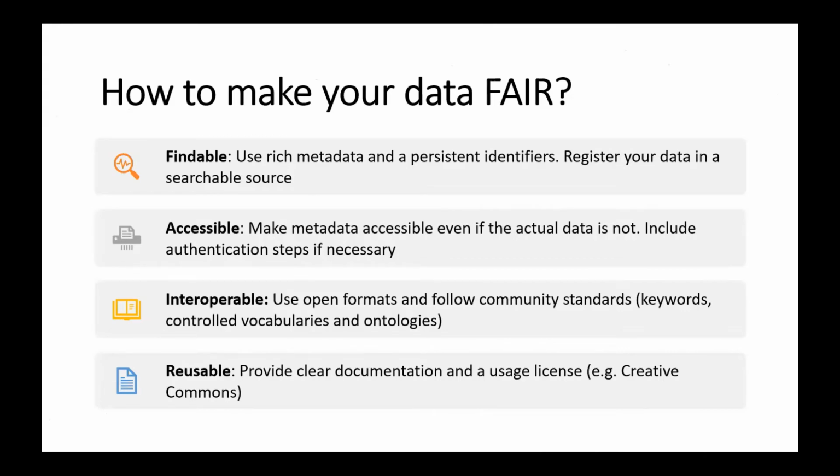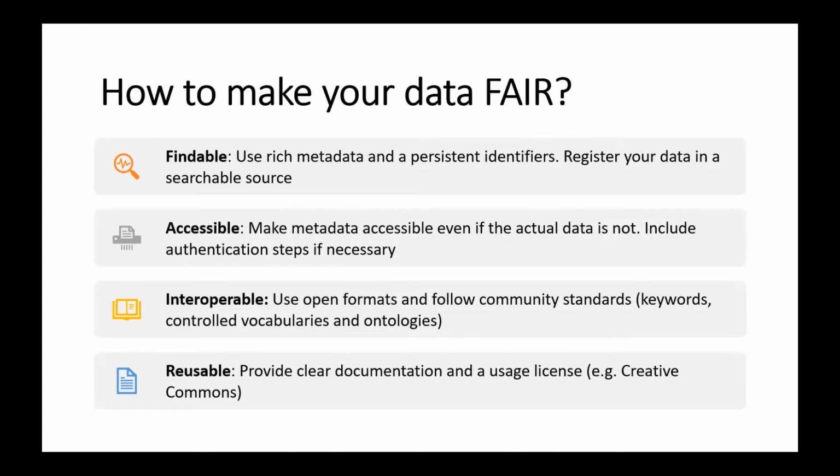To make it findable, you should use rich metadata to describe your data. So you should describe in plain English what's included in your data set. You can have, for example, abstract and keywords to describe the data set.